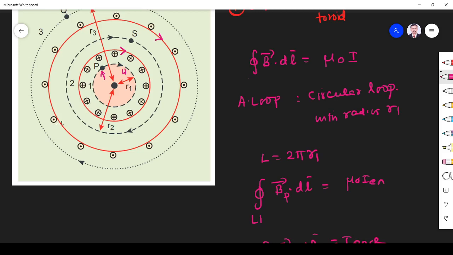Here the current comes outside, which is represented by a dot. Outside the conductor it is coming out, inside it is going in, meaning cross. So inside here we have current, but this loop is not enclosing any current.